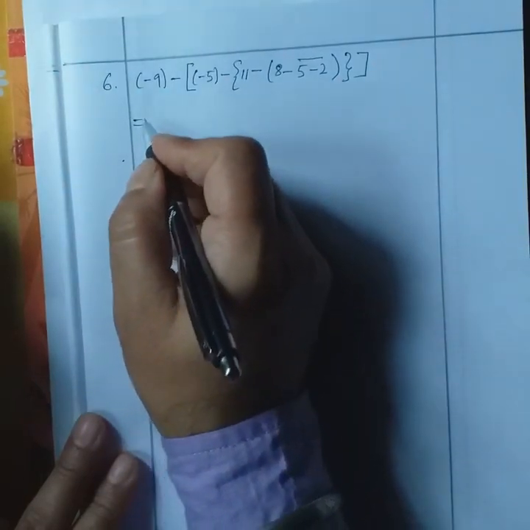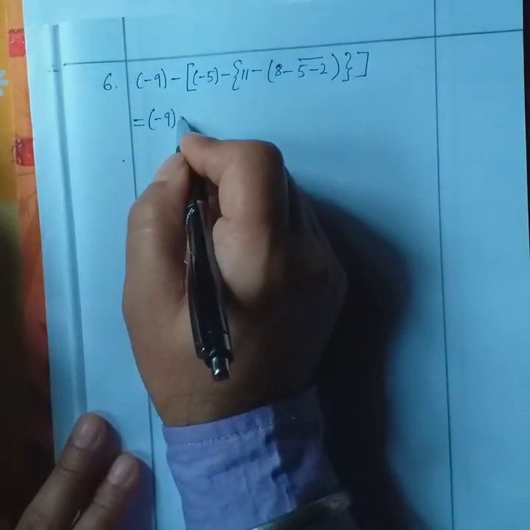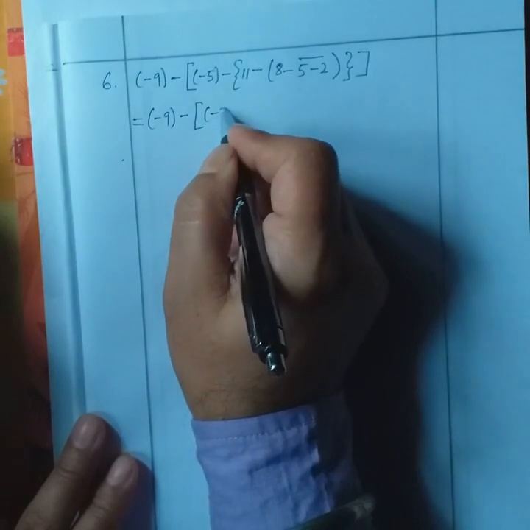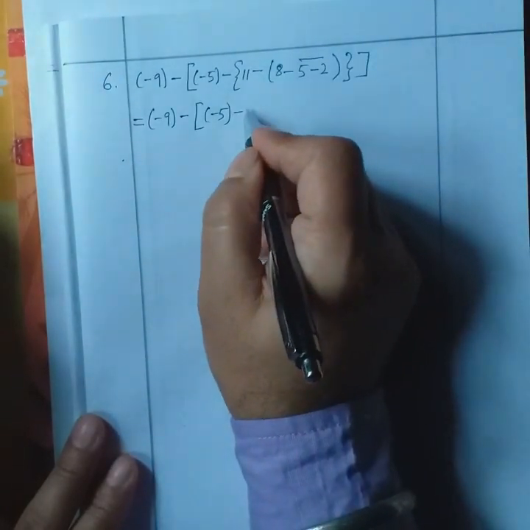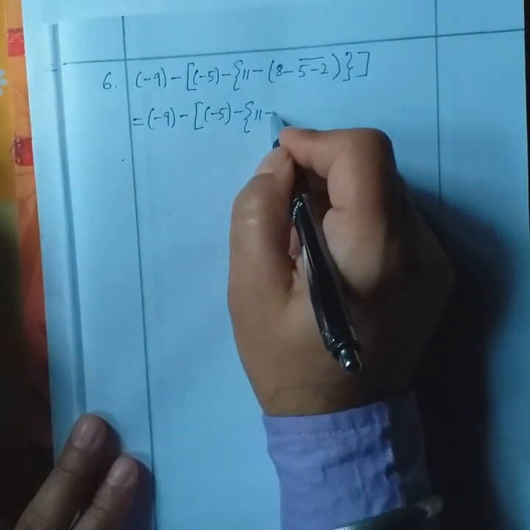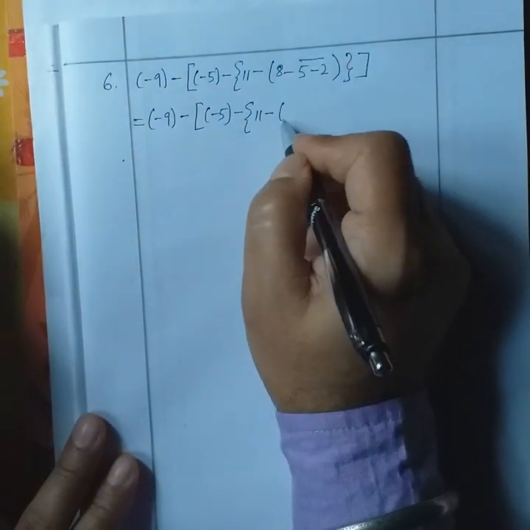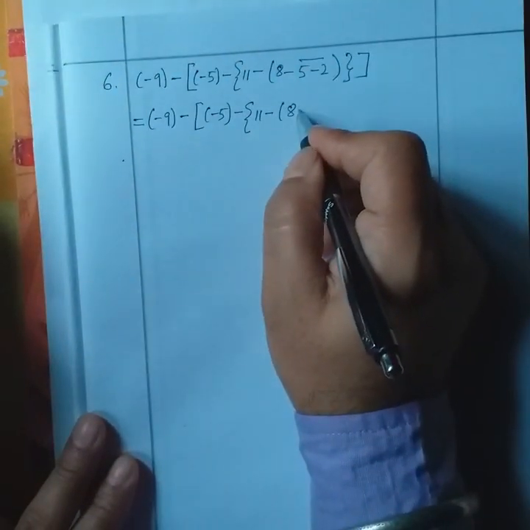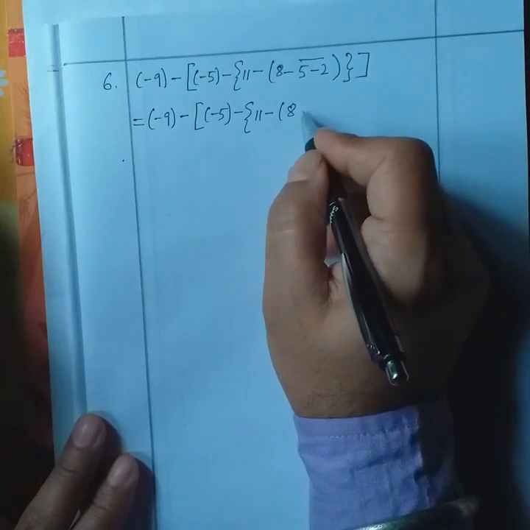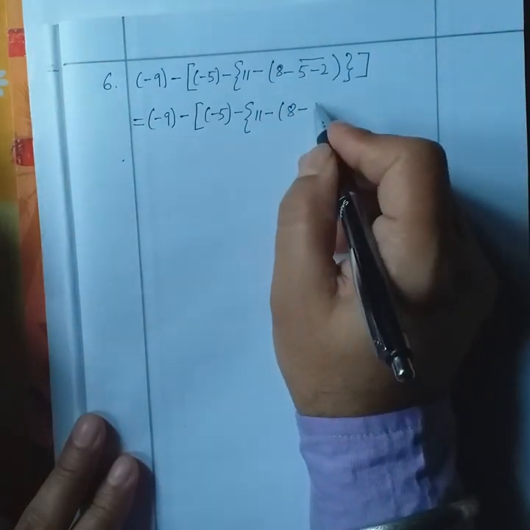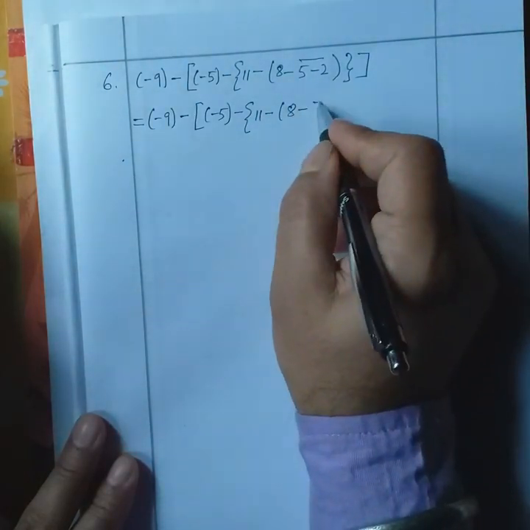So step by step we will go. Minus 9 minus 5 minus 11 minus, inside this bracket 8, this 2, 5 minus 2 is how much? 3. This minus remains here only, like this only. 5 minus 2 is 3.